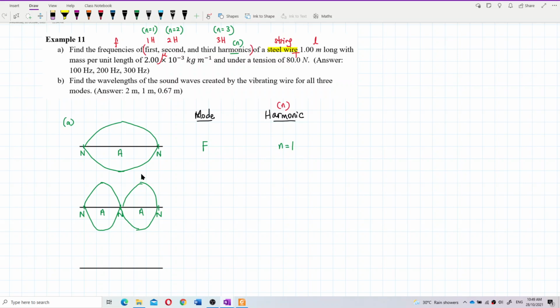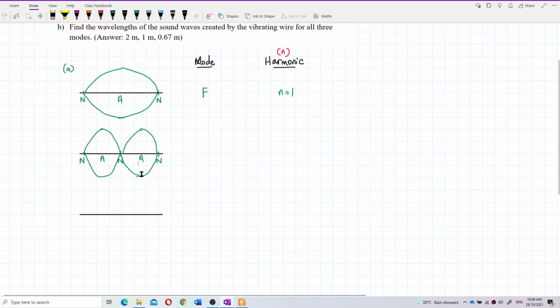And then going below, we plus another half wavelength here, and also plus another half wavelength. Here this is still the node, and this is still the node. Now we have another one, so plus another half wavelength.